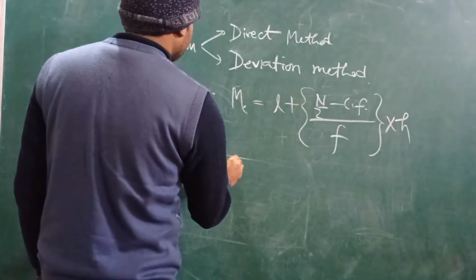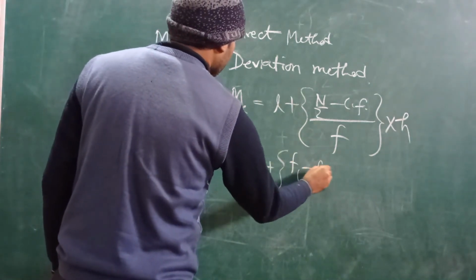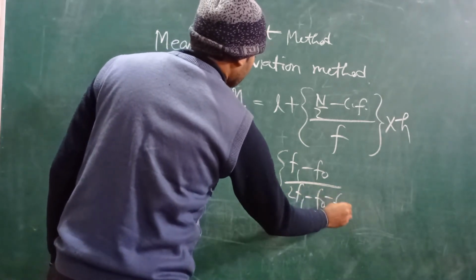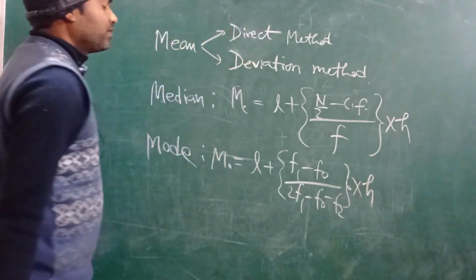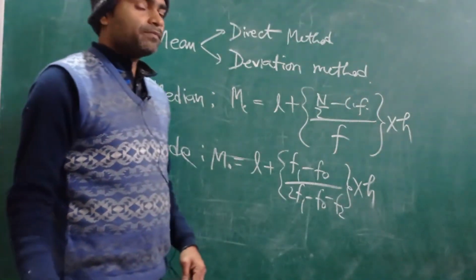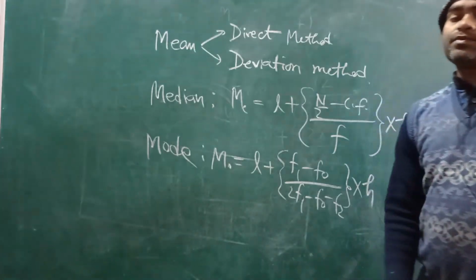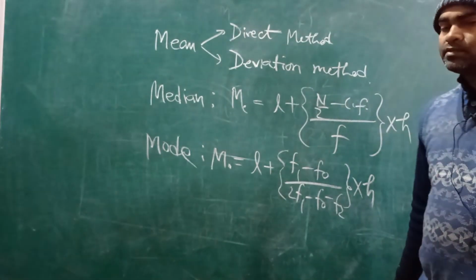Mode is given by L plus f1 minus f0 upon 2f1 minus f0 minus f2 into h, where L is the lower limit of the modal class, f1 is the frequency of the modal class, f0 is the frequency of the class preceding the modal class, f2 is the frequency of the succeeding class, and h is the class size.